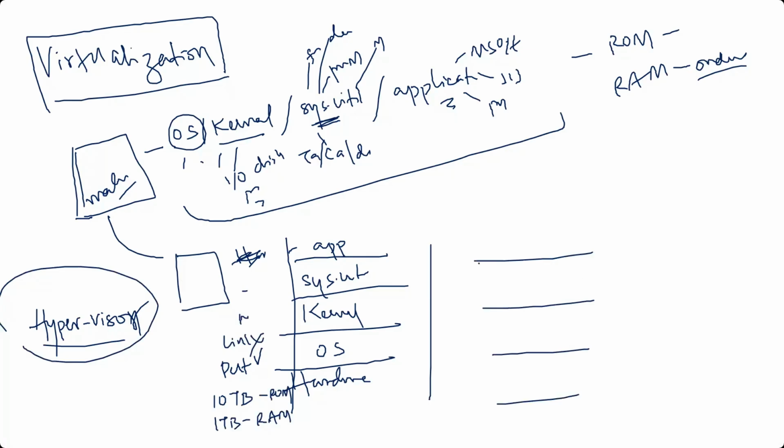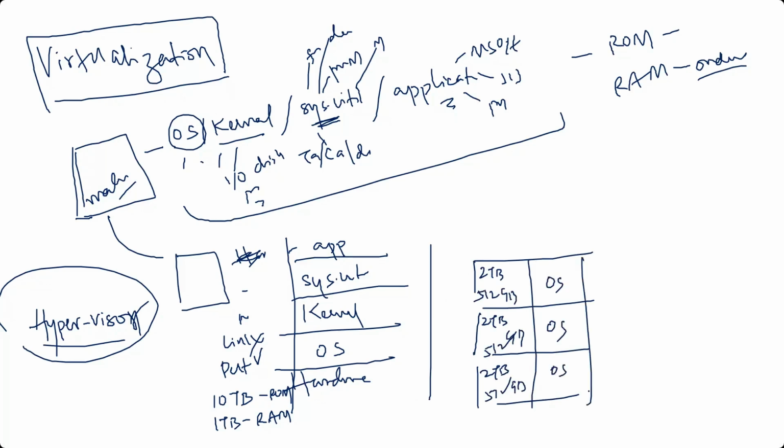Okay, so I can divide this 10 TB worth of ROM into 2 TB, 2 TB, 2 TB. Okay, then I can divide this 1 TB of RAM into 512, 512, 512, and I can break this OS and create a clone. I can have its own kernel, then system utility programs, okay, then apps.